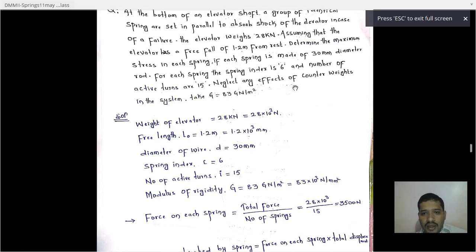So the number of active turns i is given as 15.